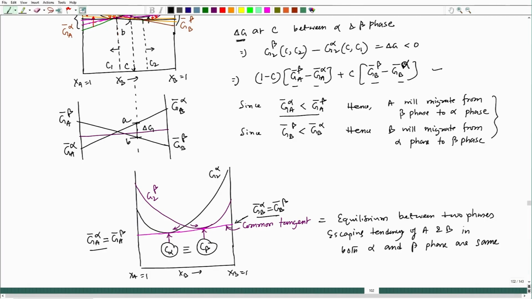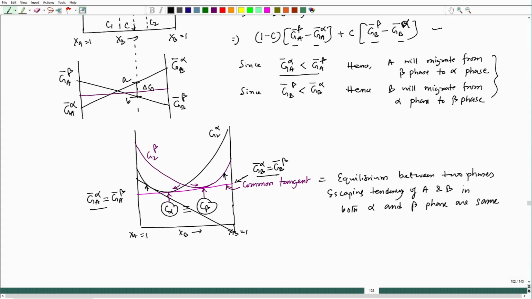So, for example, if I take a point here and if I take a point here for beta, and again I draw a tangent, this tangent would be here and here the tangent would be at this point if I try to draw it. So, this will pass through this. Okay.